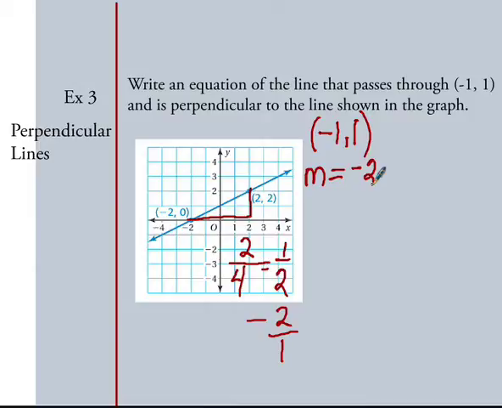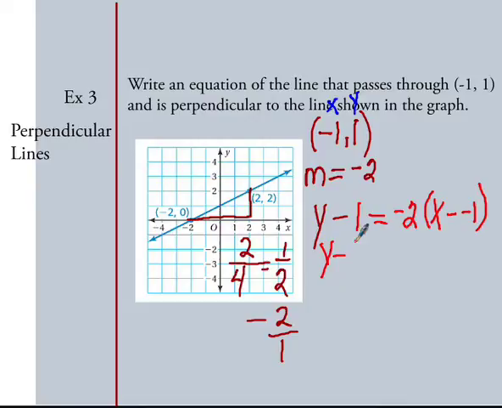I'm going to use the point-slope because I don't have the y-intercept for my new equation of the line. Y minus, and again, this is your x, this is your y. Y minus 1 equals, the slope is -2 times x minus a -1.